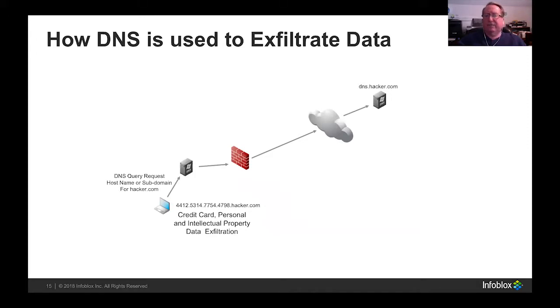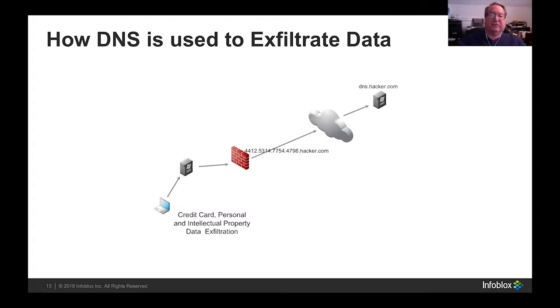So it goes out from the machine as either the subdomain, as you see here, a random number string, or characters, or host name. When it hits the local DNS server, it's immediately going to say, I'm not authoritative for this subdomain or host name, so I'm going to send it out for resolution.